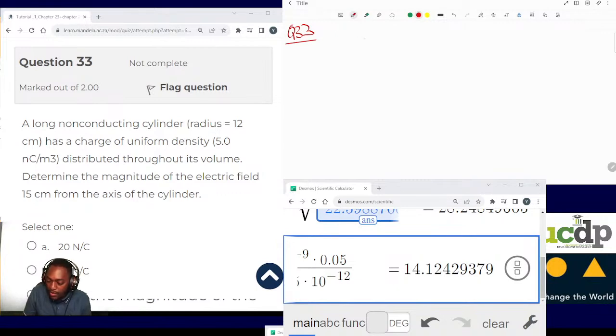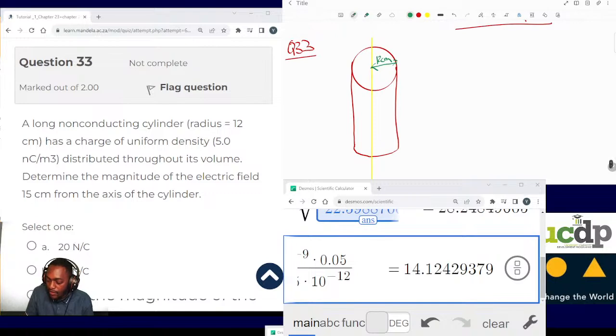So if we are to sketch this again, this is our axis. Now our Gaussian surface should be at a radius of 15 centimeters.